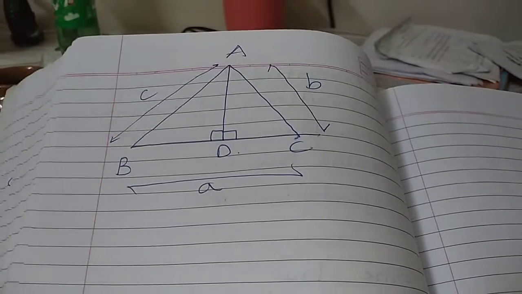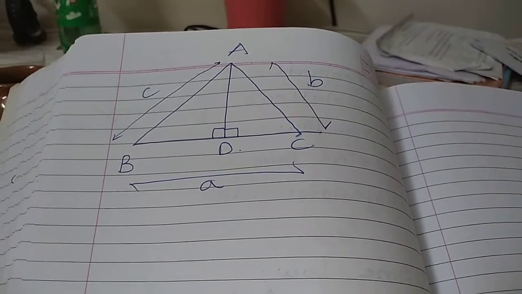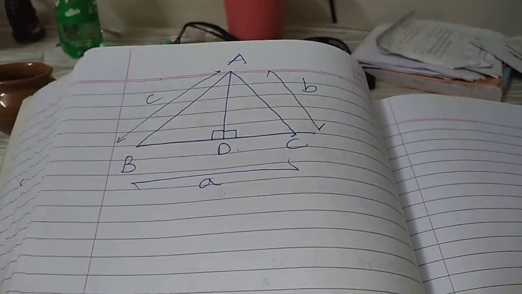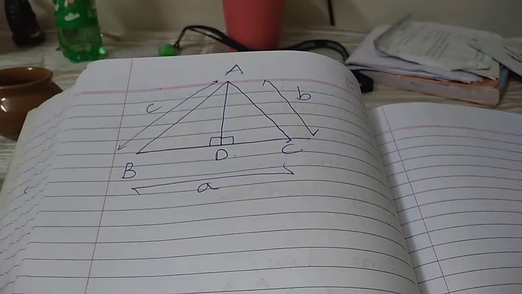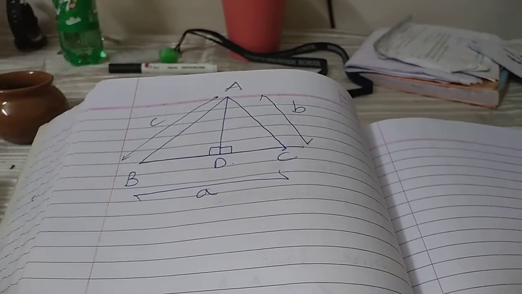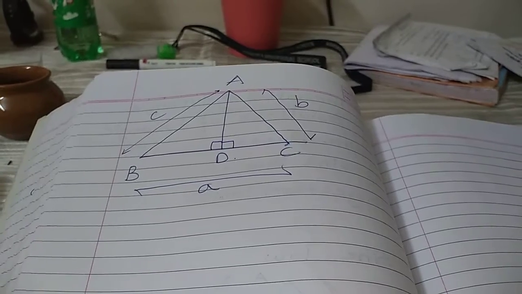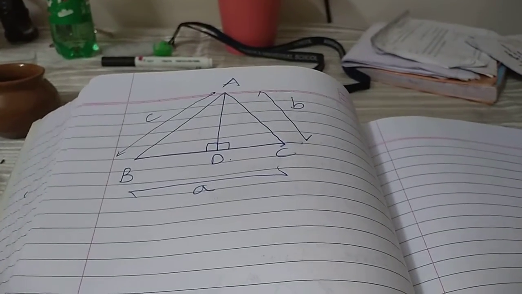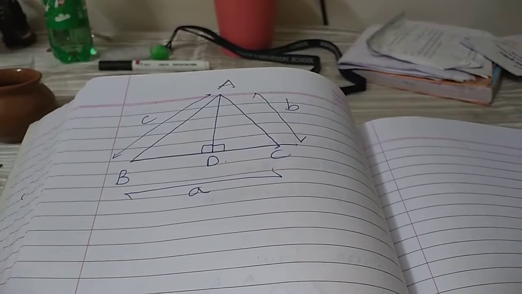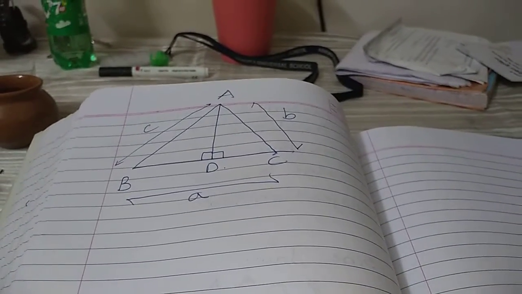What I request you is, first of all, take the triangle ADB and calculate sine B through it. Next, in triangle ADC, calculate sine C through it.